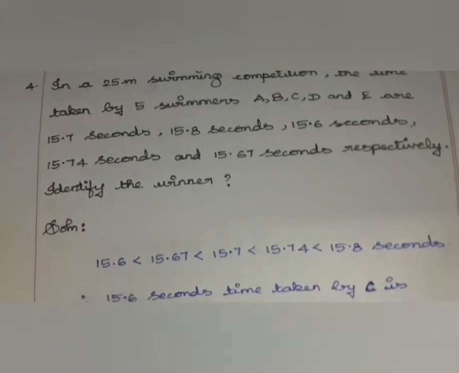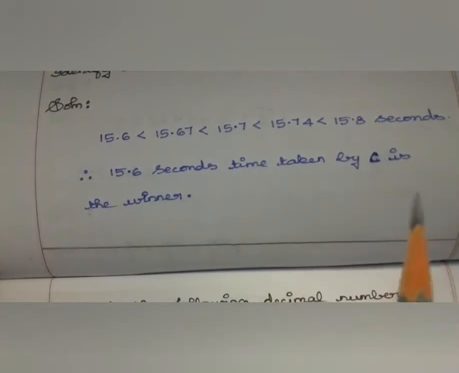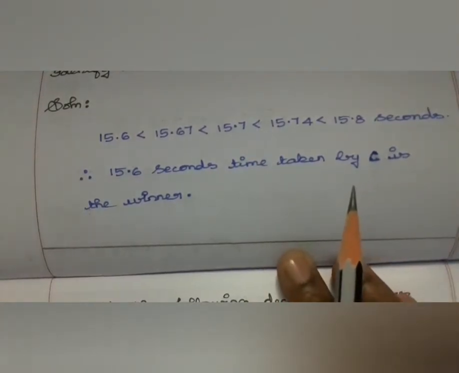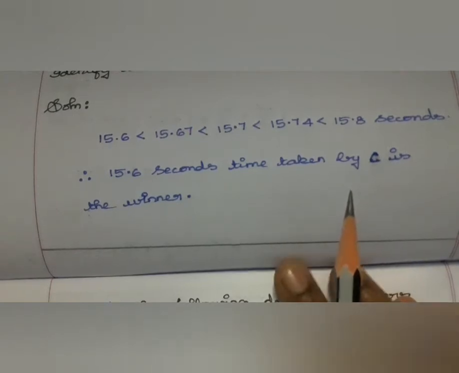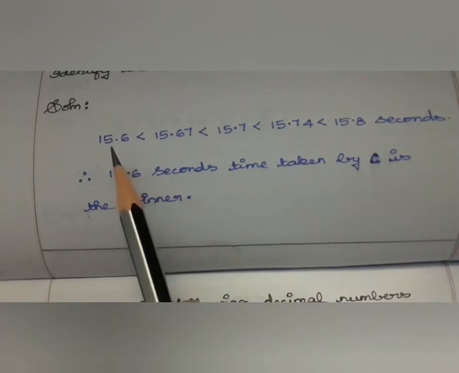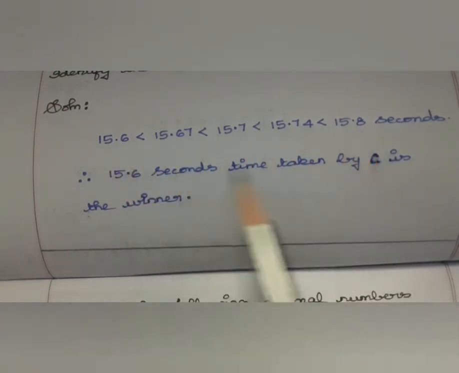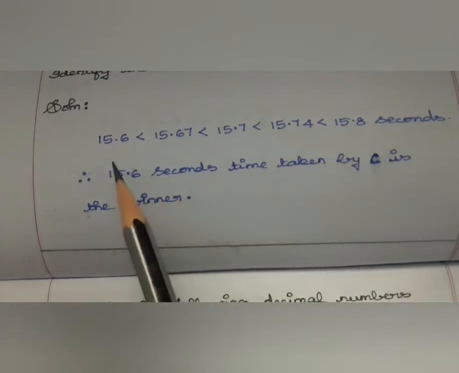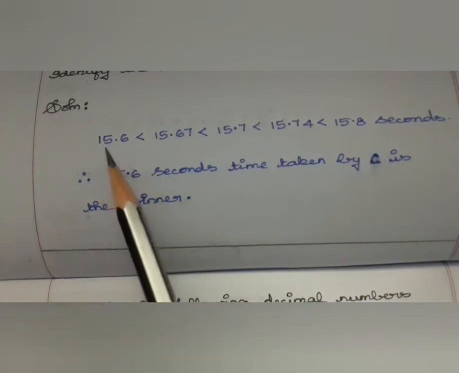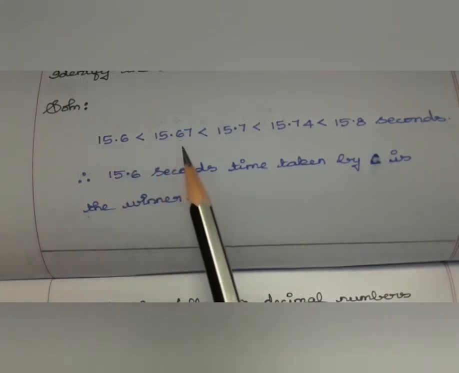You know that when there is a swimming competition, always the timing which has the lowest count is said to be the winner. So according to the seconds, I have arranged from smallest to biggest. The smallest seconds will be the winner. So 15.6. After 15.6 we have 15.67.